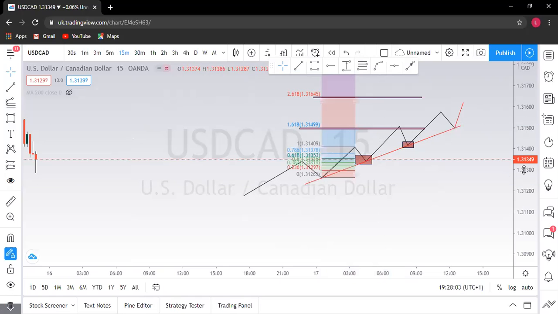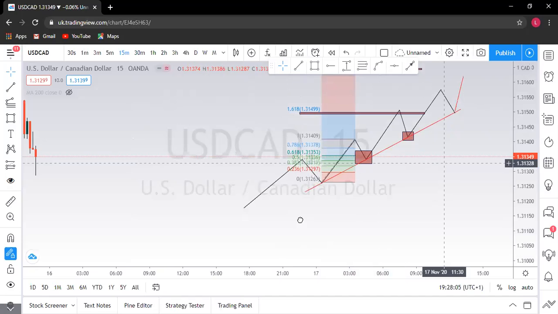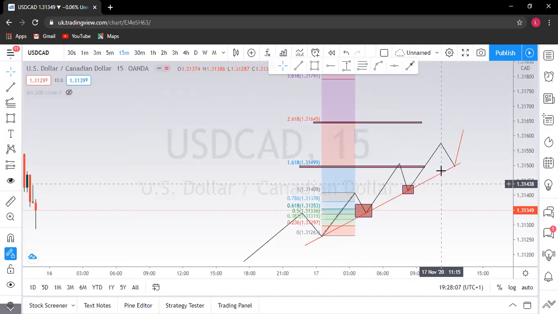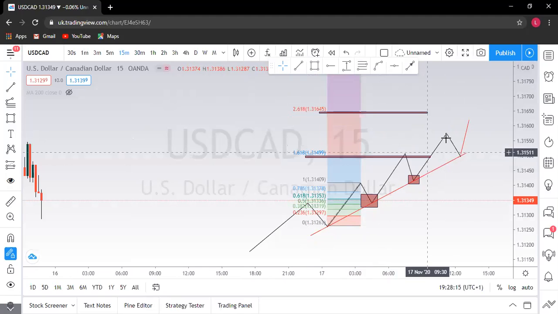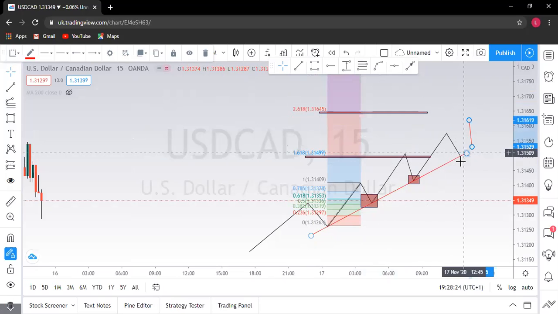Now, what do we mean by trend line breakout trading? Market has been respecting this trend line that is acting as support, right? So market cannot keep on going up and respecting it.